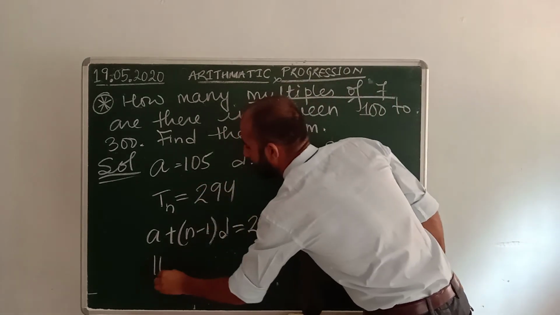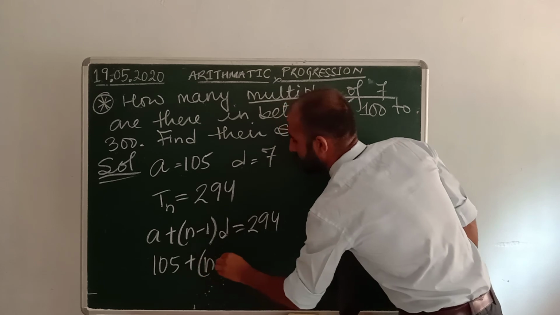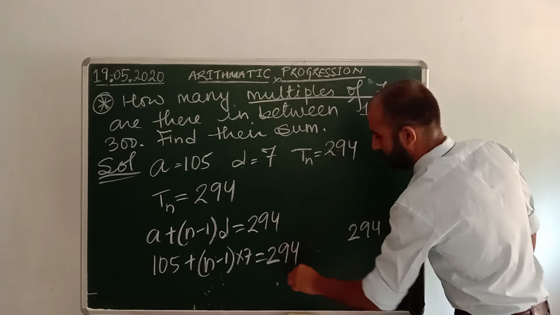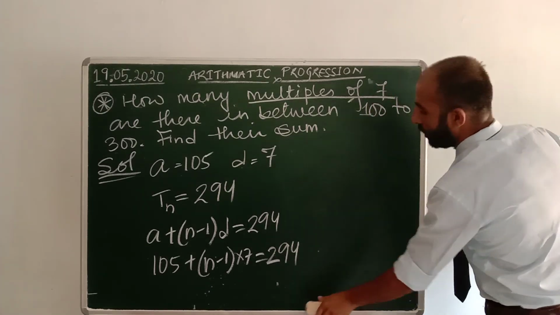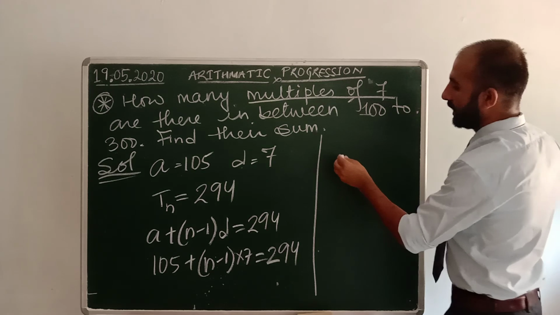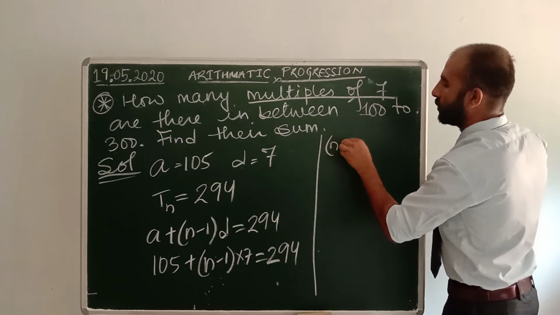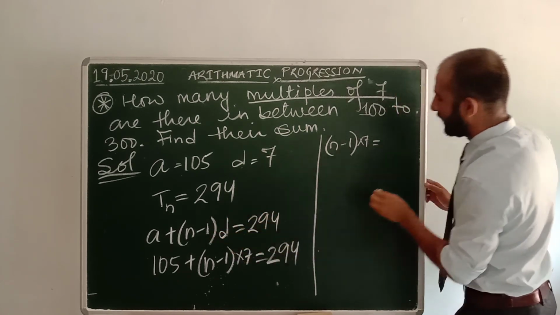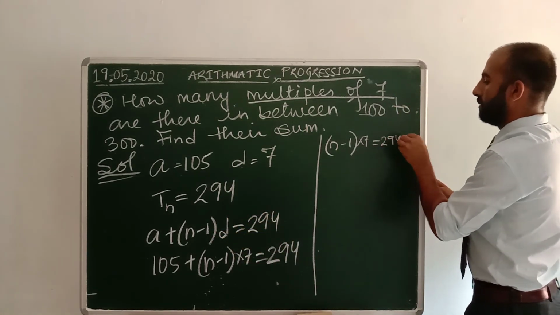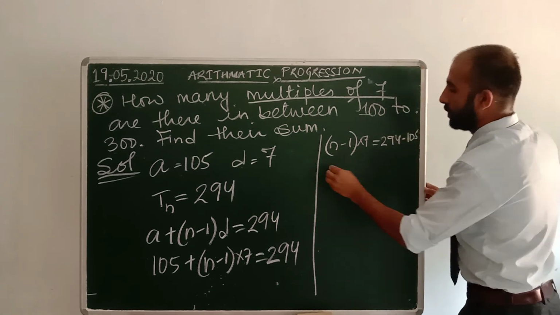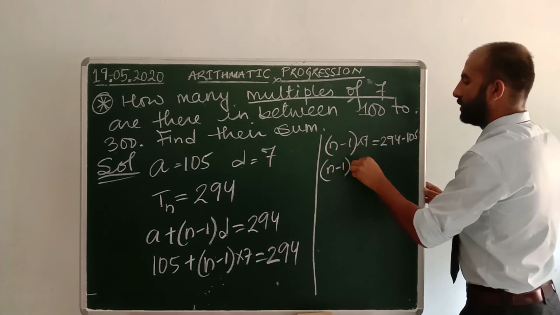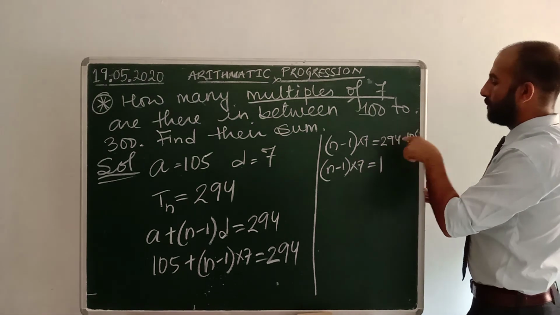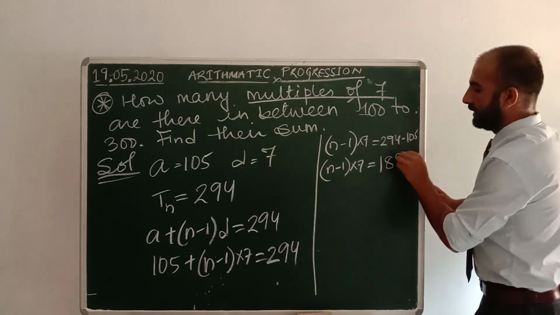A we have 105, plus (n minus 1) times d, d is 7, equals 294. Okay, I'll keep (n minus 1) into 7 here and subtract 105 from 294. That is 294 minus 105. So (n minus 1) into 7 will give you 189.